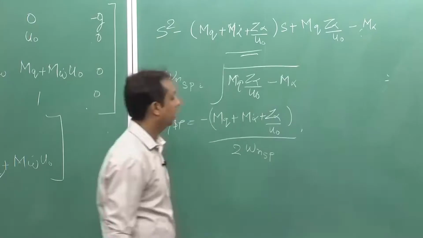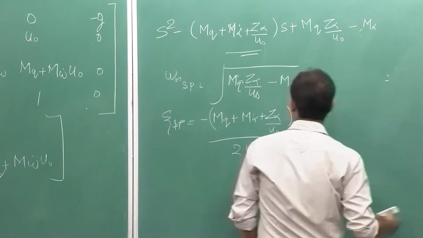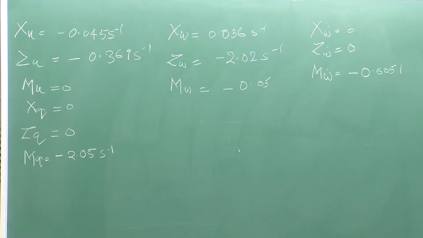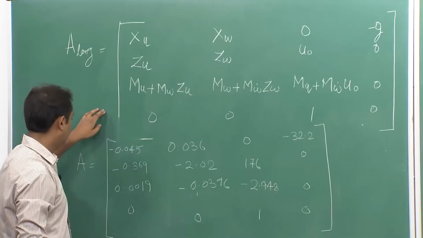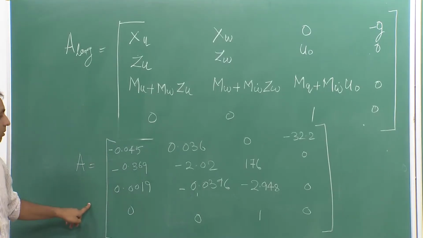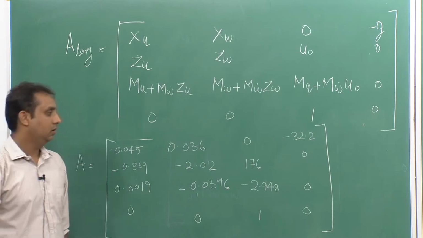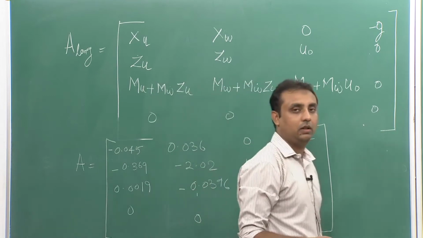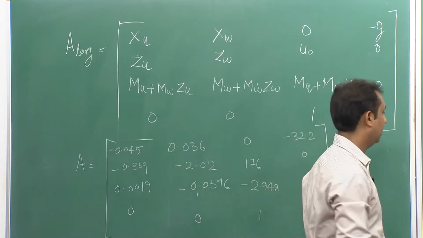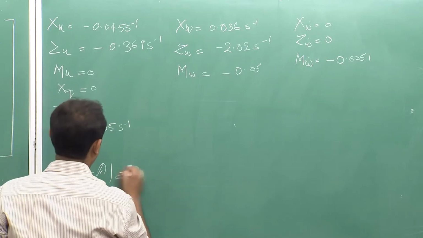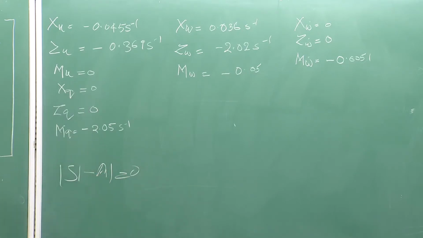So let's take a numerical on a longitudinal mode. Using these longitudinal derivatives, you can directly substitute these variables in the equation and you will reach this longitudinal matrix. The characteristic equation of this longitudinal matrix will be derived from the same formula as we did for short period and phugoid mode, that is SI minus A equals 0, where A is the longitudinal matrix.